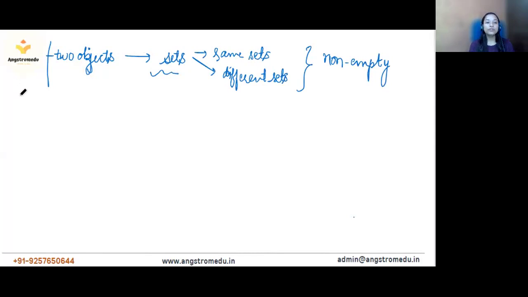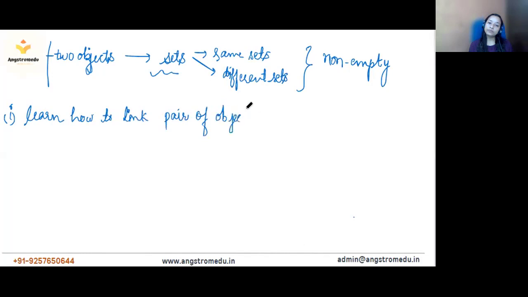The first thing we are going to learn is how to link a pair of objects from two sets.